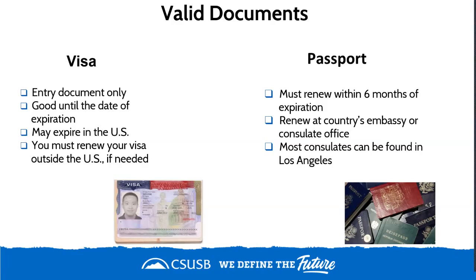Some may be a little farther out, but you can always go to travel.state.gov to find the closest consulate office for your country. Renewing these documents is the responsibility of the students. The ISS office cannot renew these documents on your behalf.